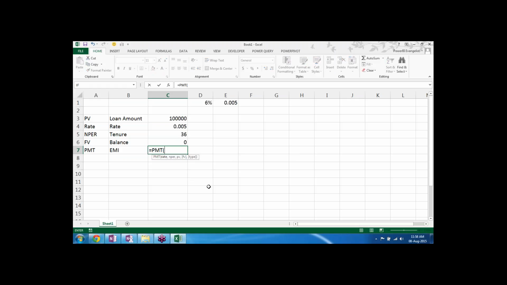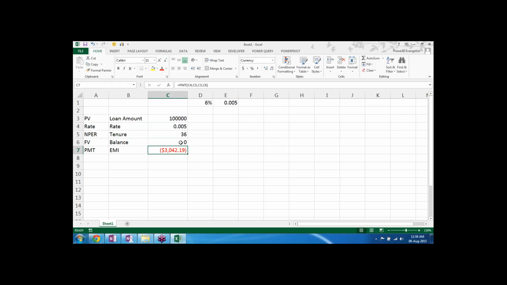The function is PMT, and we have rate, comma, NPER, which means tenure, present value, which is the loan amount, and future value. Type is not required. Type is related to guess and inflation, something like this, so that is constant. So the moment we press enter, we see that it comes up with a number.